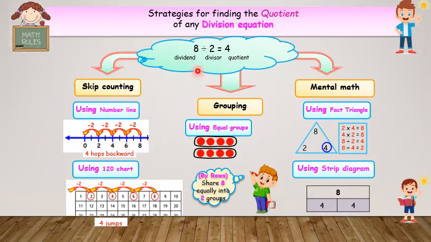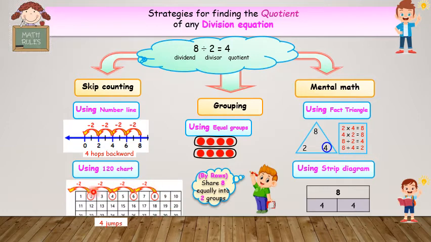I look at the number line, this number is 8, so I put a circle on 8 and I go back 2 each time till I reach 0, and let's see how many times we skip counted: 1, 2, 3, 4. So we hopped backward 4 times, so the quotient is 4.